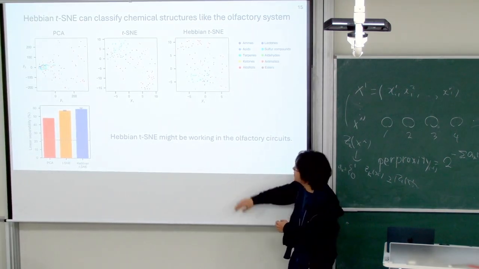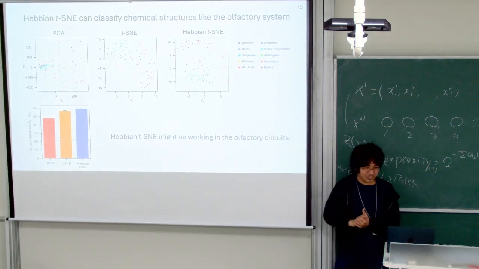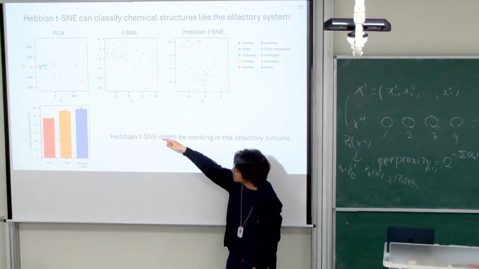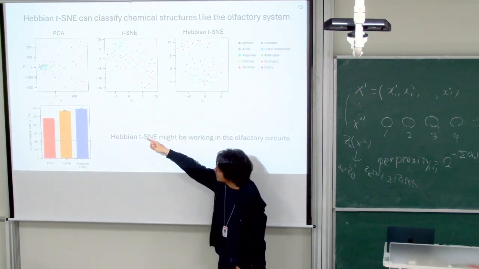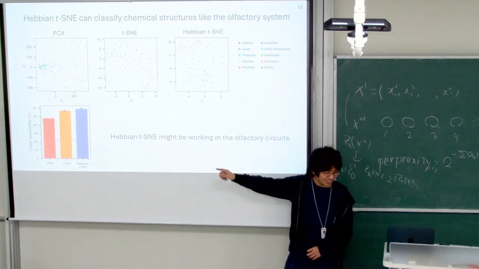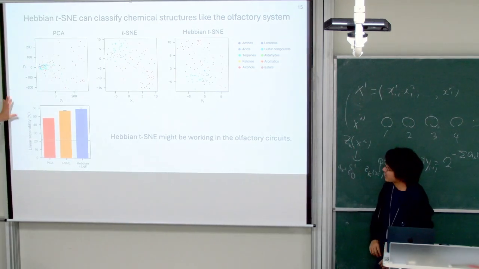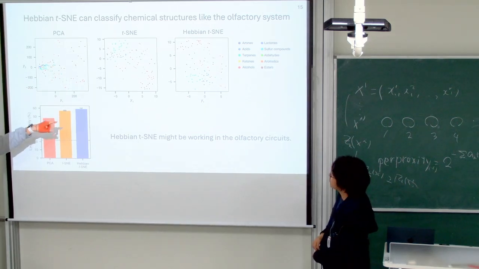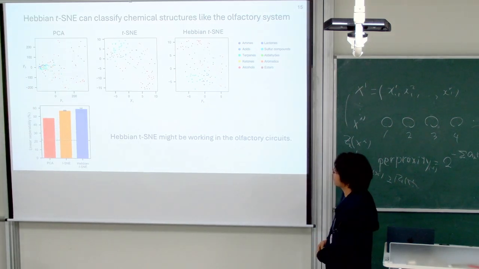Linear separability is compared. So 50 dimensions go to 2 dimensions, and then we wish all these different smells are clustering well.